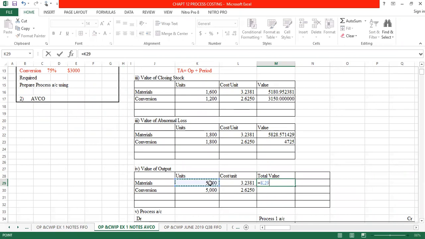That times that. So what is remaining is to get the totals and then we round off.